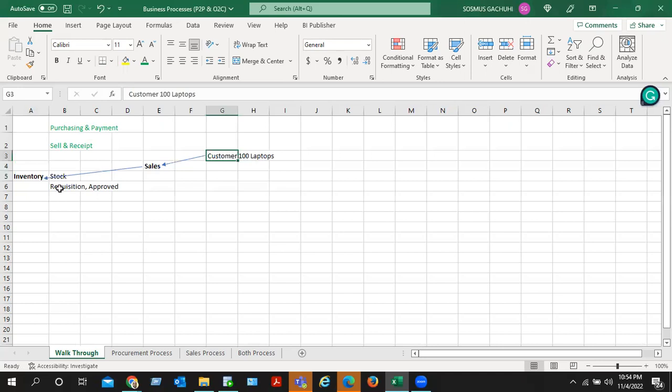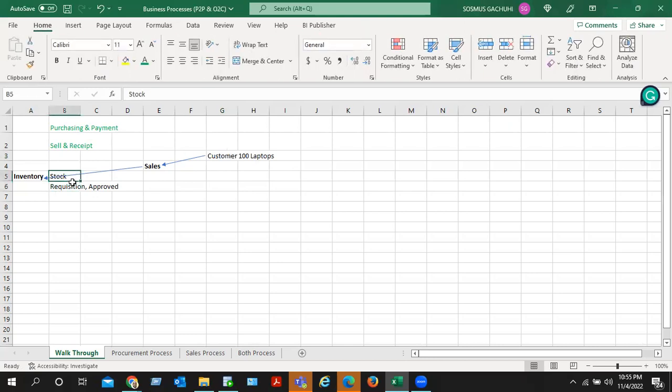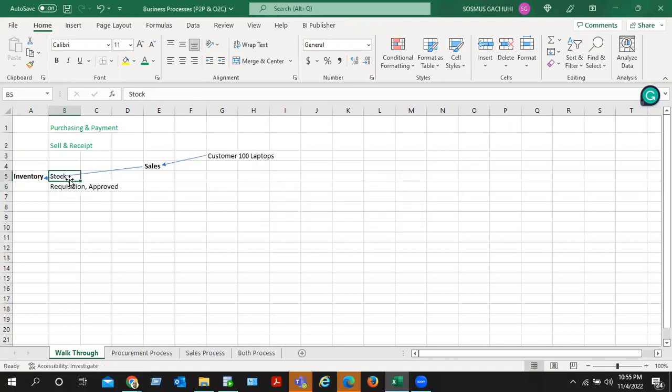But in a case whereby the inventory department doesn't have these 100 laptops, for example, the first scenario is that the inventory already has 1,000 laptops.